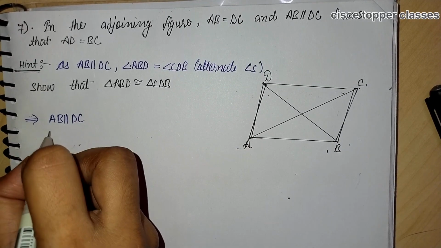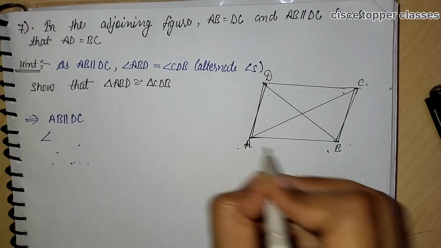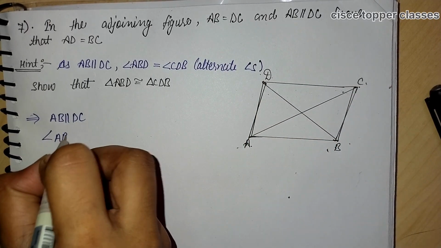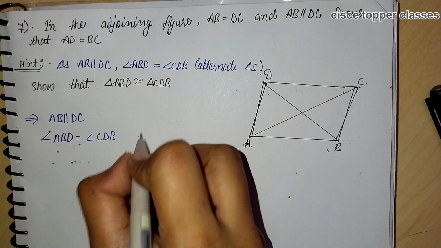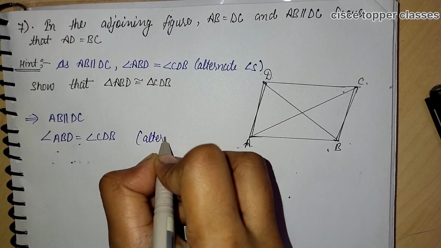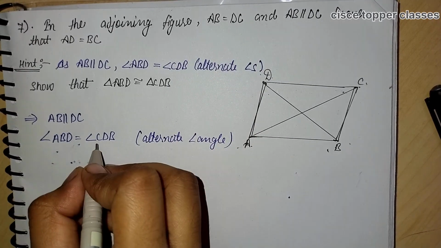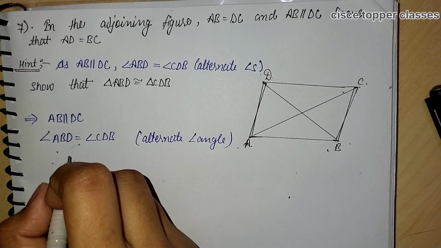Means from here, alternate angles will follow, means angle ABD and angle CDB are equal. Angle ABD equal to angle CDB from alternate angles. So these are angles which are equal because the two lines are parallel here.